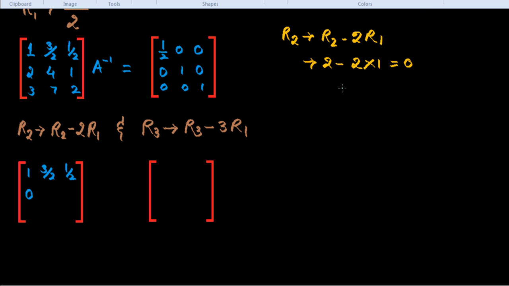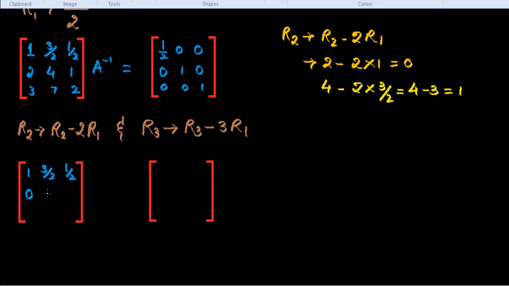Here you see it is 4 minus, we have to multiply this 4 with this and subtract from here, so minus 2, we have to multiply these two, and the R1 is 3 over 2. So we get here 4 minus 3, which become 1.